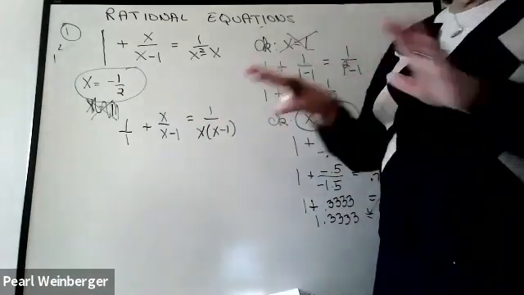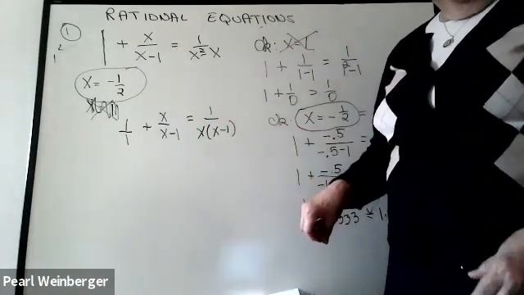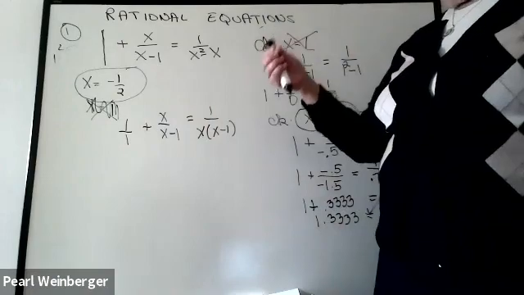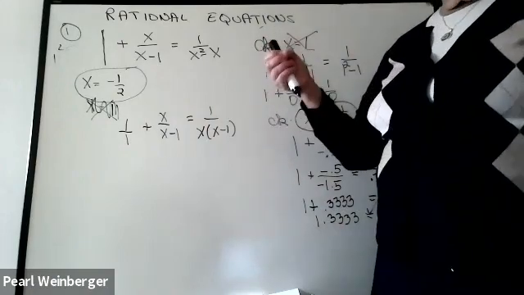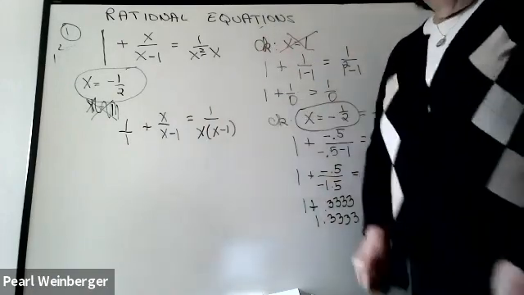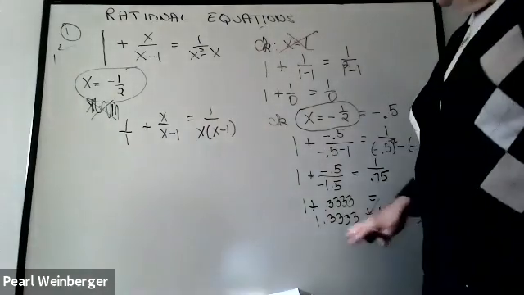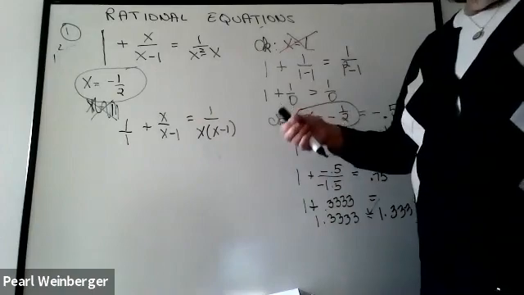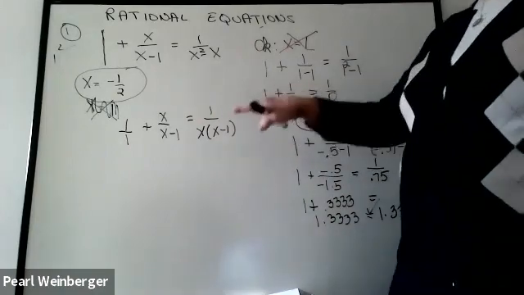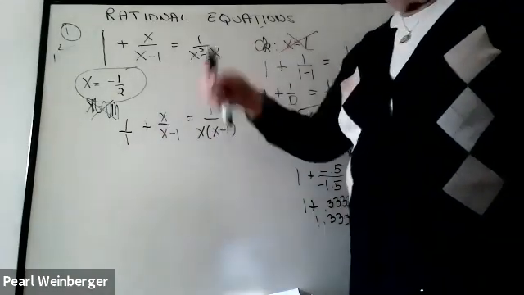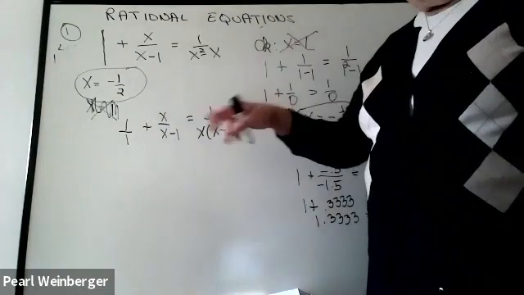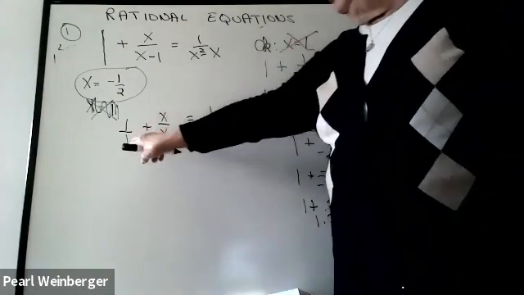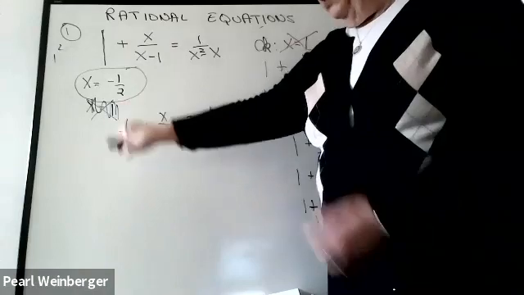Before I do any work on it, I'm going to look at what answers will not be allowed. What answers will give me extraneous roots? The answers that will give me extraneous roots are those that will make any one of the denominators equal to 0. So let's look at our denominators, the bottoms.